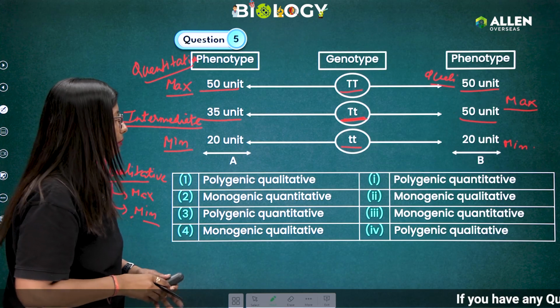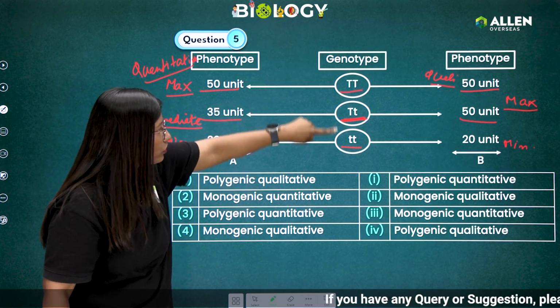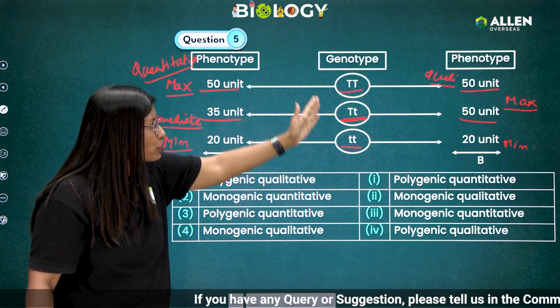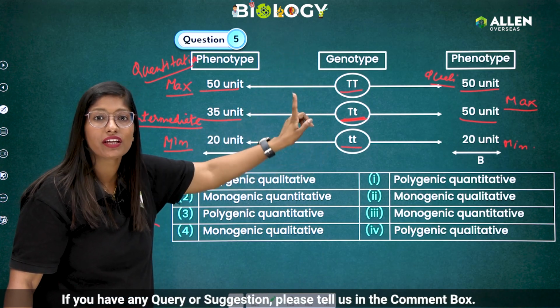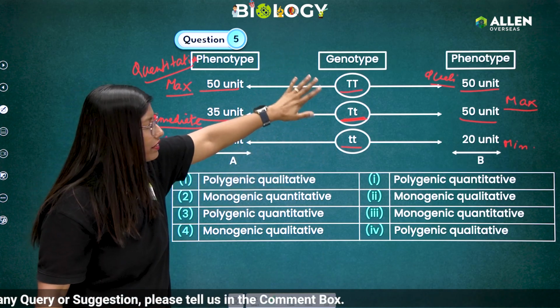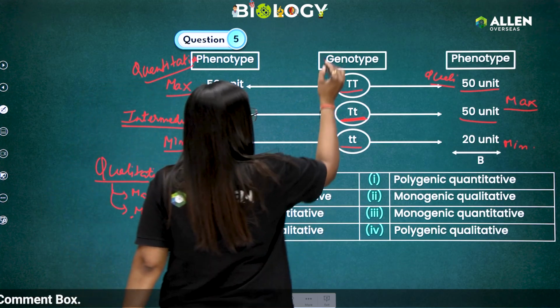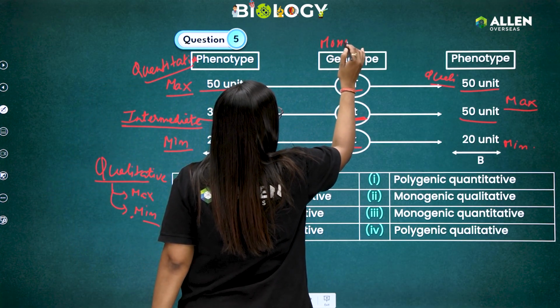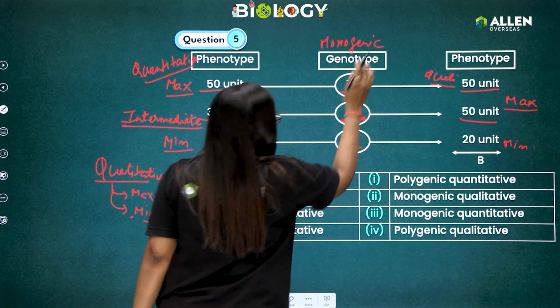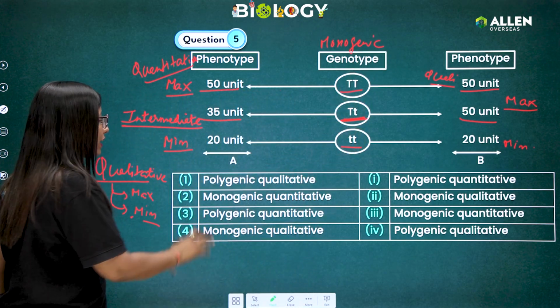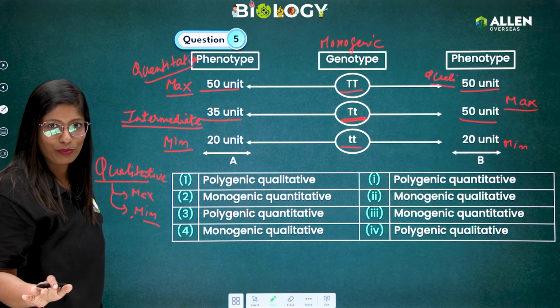Now coming to the second part. Here if you can see, the gene which is mentioned here is a single gene, beta, right? Only one gene is there, two alleles are there. So if one gene is there, such type of inheritance is monogenic, right? So if we see the options now, wherever polygenic is there, we can rule out those options, right?